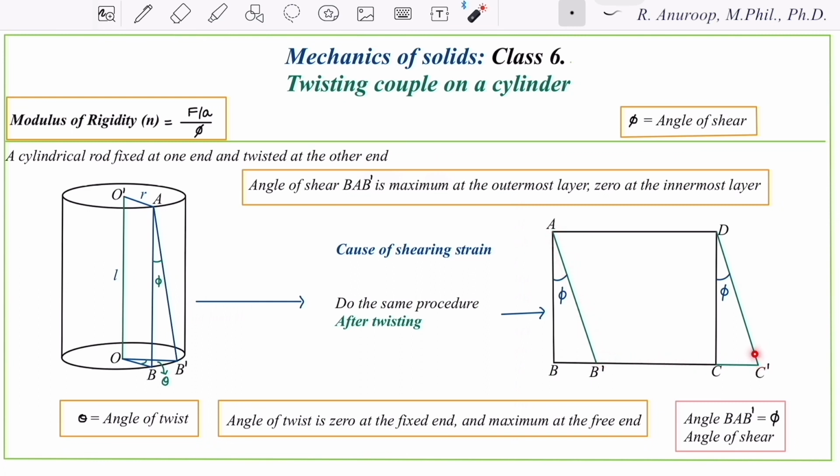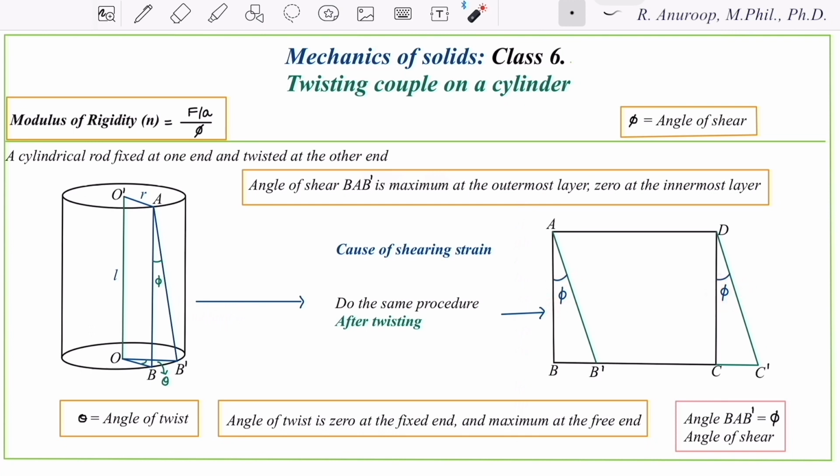Now the layer has the shape of a parallelogram AB dash C dash D. Thus we can see that B is shifted to B dash, C is shifted to C dash, and the line AB is rotated through an angle phi. This phi is called the angle of shear.